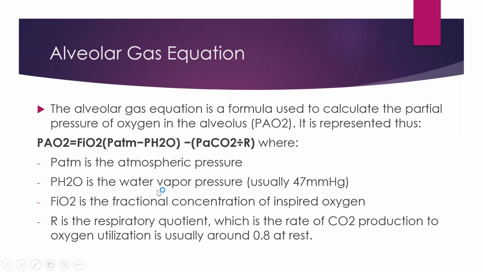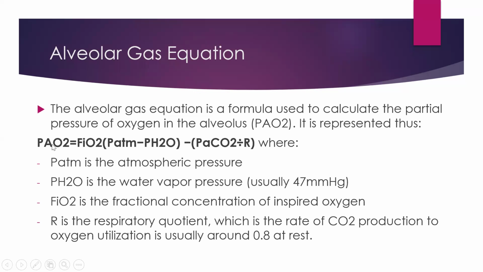Now, it's important for us to talk about the alveolar gas equation because this is what is used to calculate the partial pressure of oxygen at the alveoli. As we go on, we also see how important this is when we're calculating our A-a gradients.